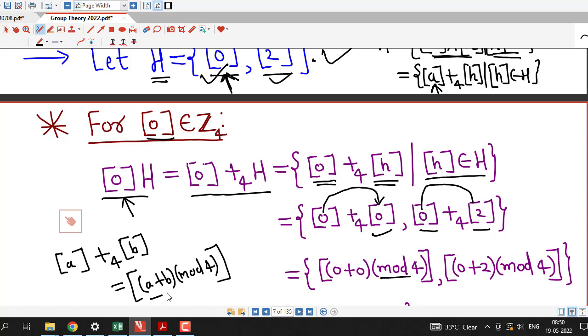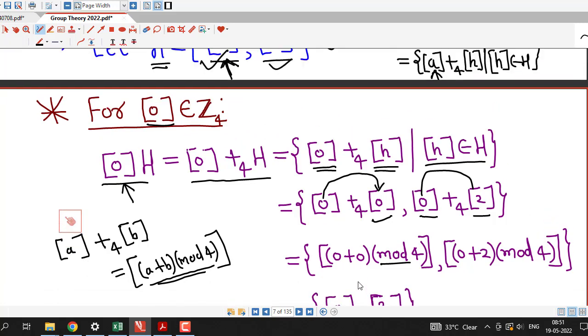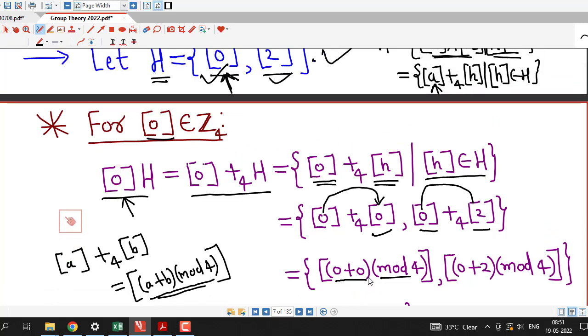Now this quantity is the remainder when A plus B is divided by 4. So this is now 0 modulo 4, that is the remainder when 0 is divided by 4, and we know that we will obtain 0. Similarly, the remainder when 2 is divided by 4, that is 0 and 2, so the remainder is 2 here.